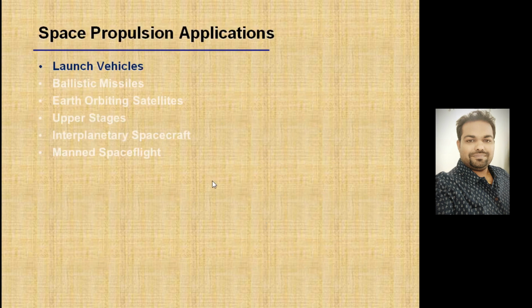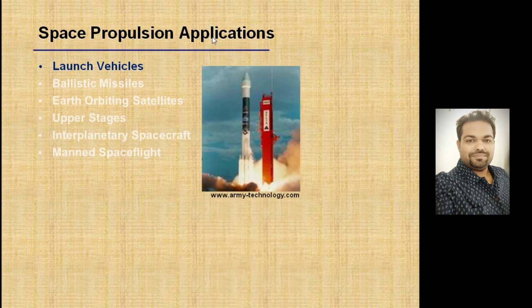So if we look at the applications, as I said, these rocket space propulsion devices find application in launch vehicles. For launching the spacecraft from the Earth, we need a booster. The booster stage carries the launcher, so for the launching device we basically use the rocket.